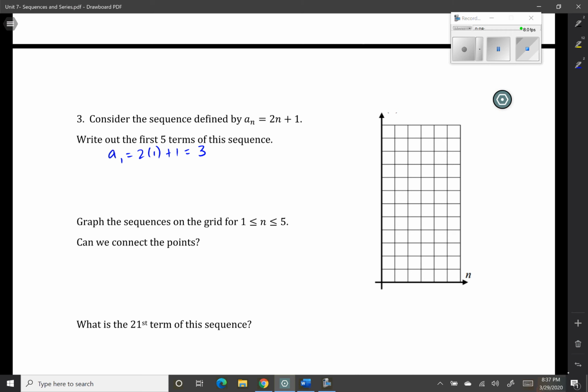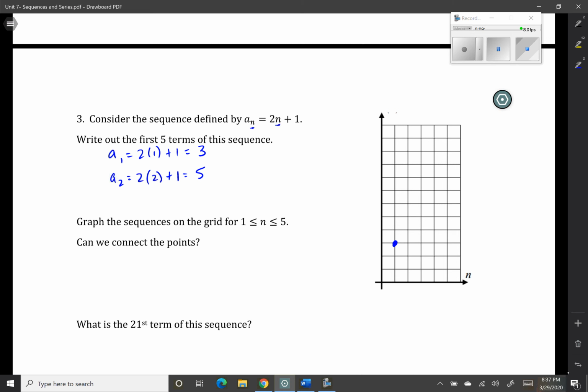Now what that means is, on this axis, I have the point 1, 3. If I wanted to find the second term, I would do 2 times 2 plus 1. Notice I'm just plugging in whatever the n value was here for n. This number and this number will always match. So that's going to be 5.